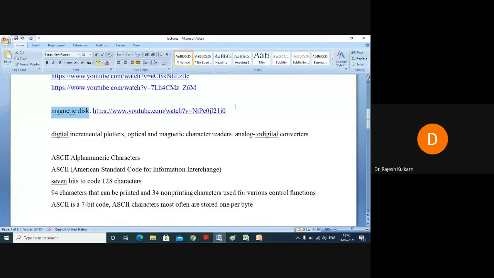Along with hard disk, you had floppy disks. You have CDs. CDs you might have seen, but you might not have seen floppies. Is it not? So all these storages are external storage devices. These are secondary storage devices. These are peripheral devices. Along with them, you also have plotters, optical and magnetic character readers, analog to digital converters.